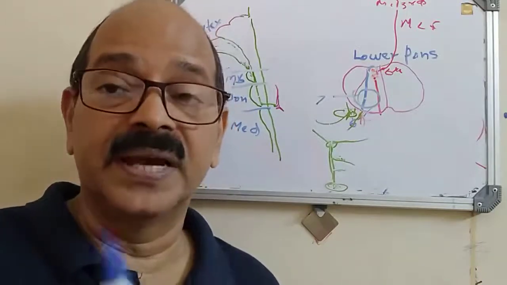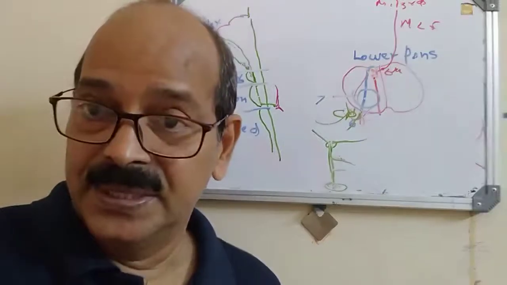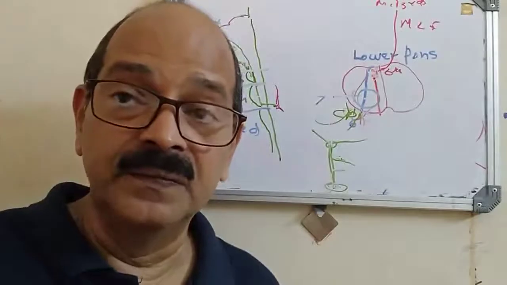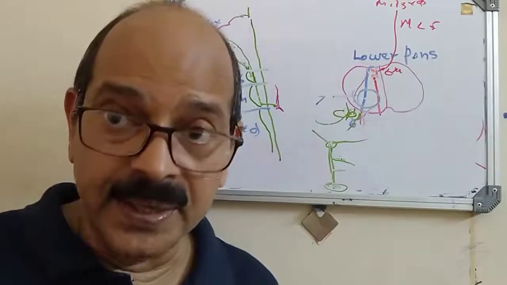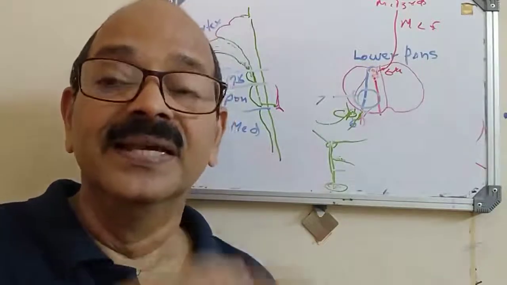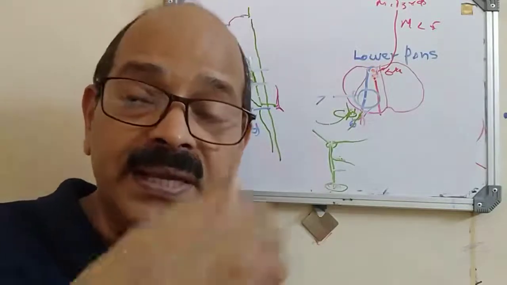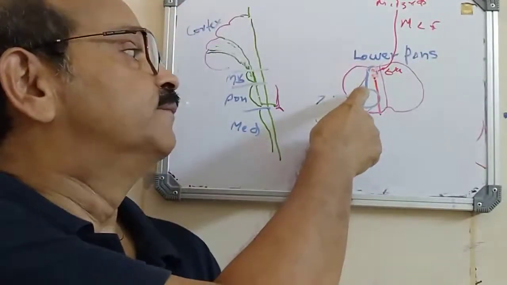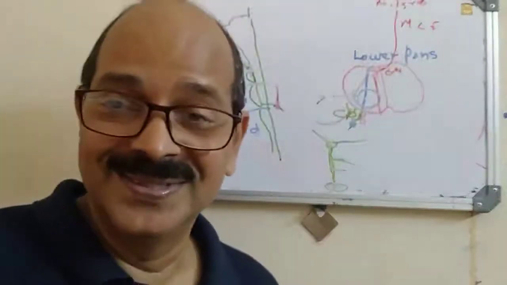The opposite side weakness of both limbs. So in the context of a seventh nerve involvement with a motor weakness of the other side, it means there is involvement a little in the front, because pyramidal fibers are going through the front of the pons.